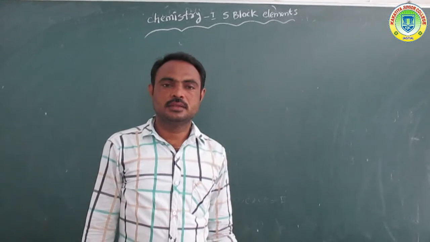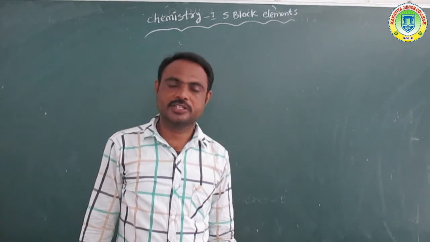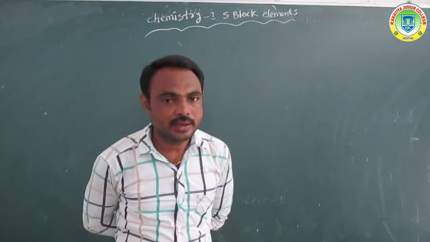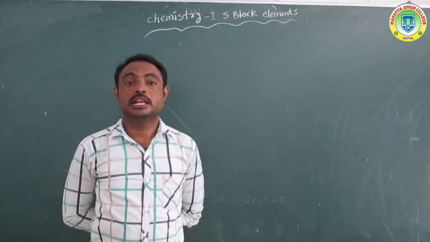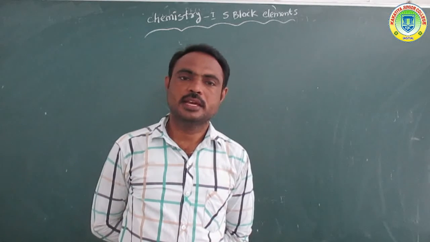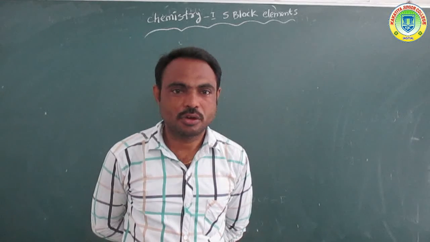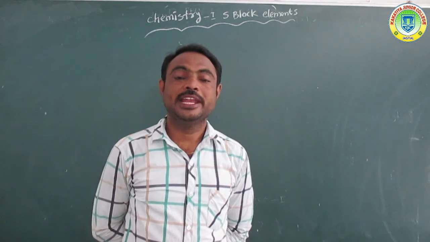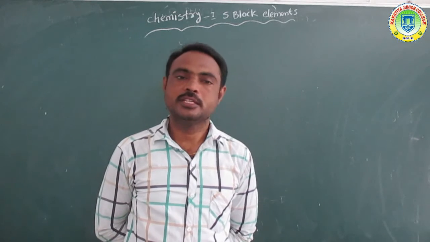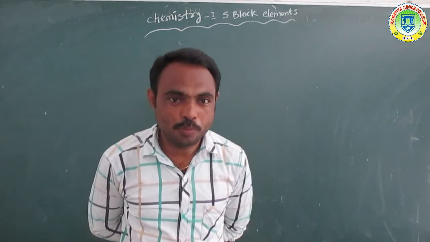Last class we discussed the introduction to S-block elements. The left side of the periodic table is called the S-block elements. The differentiating electron enters the ns orbital. So S-block elements contain how many groups?